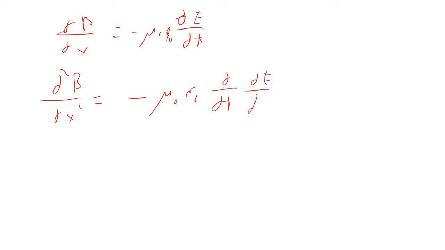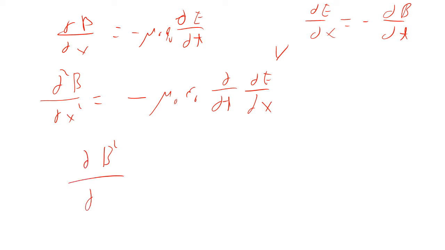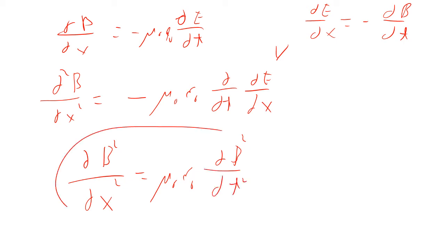But we know that partial of E with respect to x is minus partial of B with respect to time. So that means the second partial of B with respect to x squared equals mu naught epsilon naught second partial derivative with respect to time squared. So they both have the same relationship with the same term.